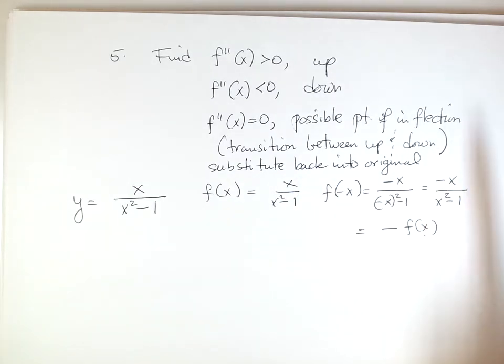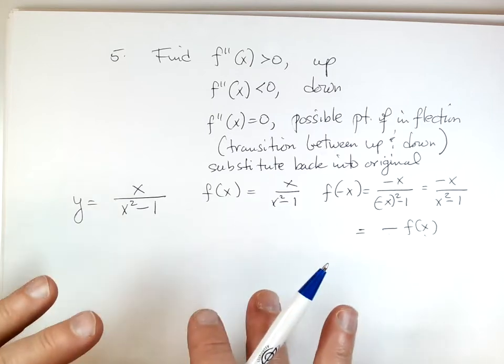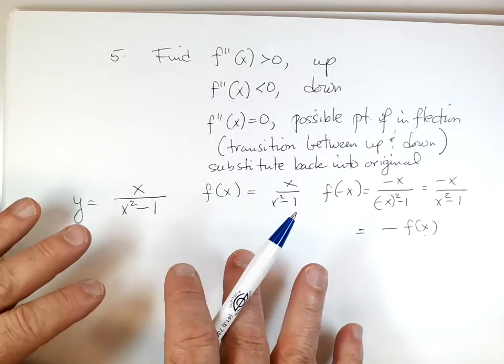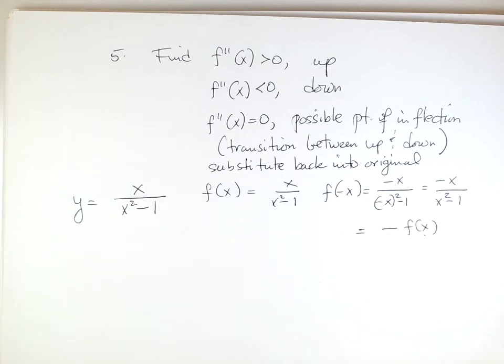Now, I'm not going to ask you if the function's even or odd, okay? I'm telling you this as an aid in doing the graph of these functions. If you do the graph based on your first and second derivatives, and you don't get the symmetry with respect to the origin like you know you must because it is odd, you know something's wrong, okay?